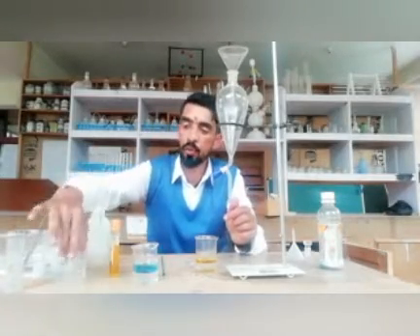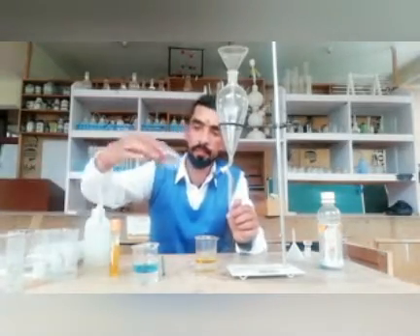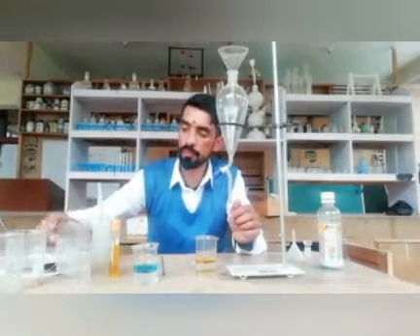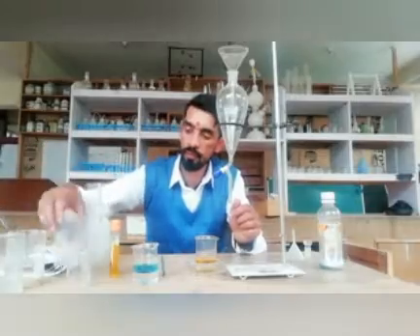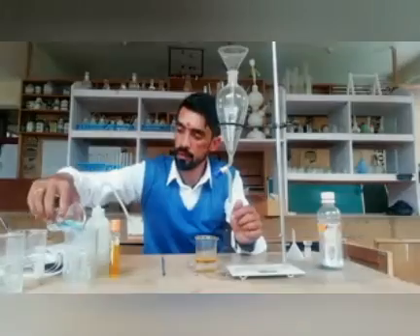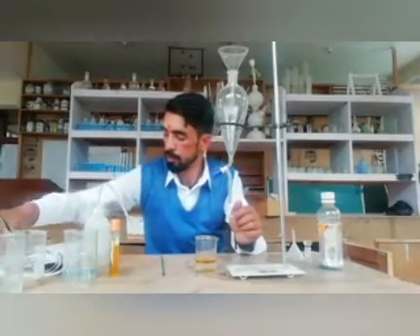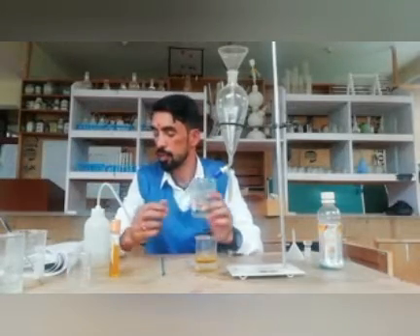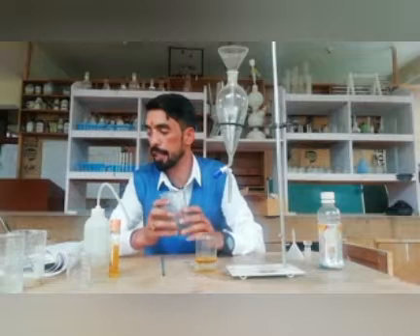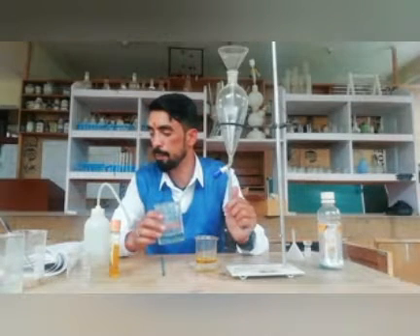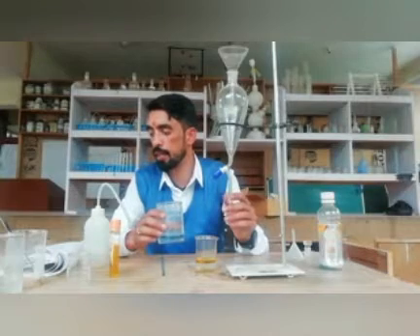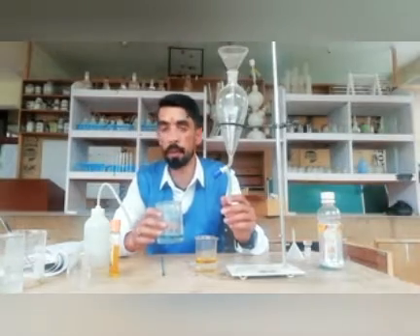Now we are going to separate this with the help of a separating funnel. The mixture is poured into the separating funnel and allowed to stand for some time. The heavier liquid settles at the lower part and the lighter liquid forms the upper part.